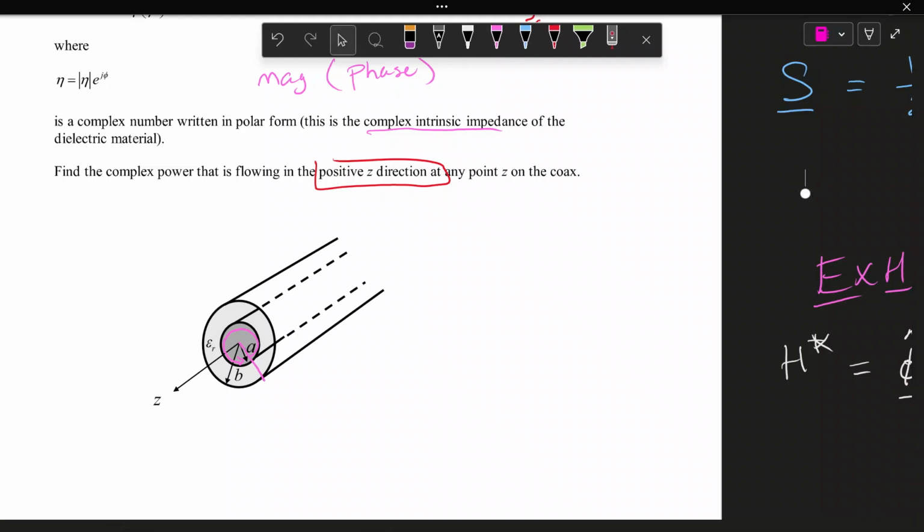Well, why a and b? In our case, it's because we have this dielectric here, and then we also have the outer part of your coax cable here. You have sort of like a cylinder inside of a cylinder, right? So you need to integrate over a and b.